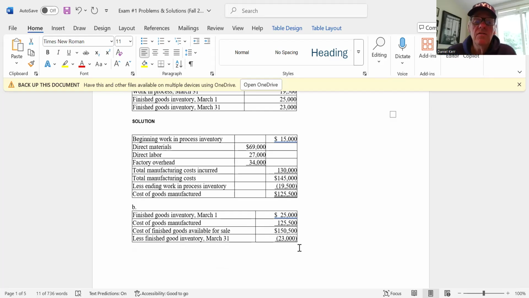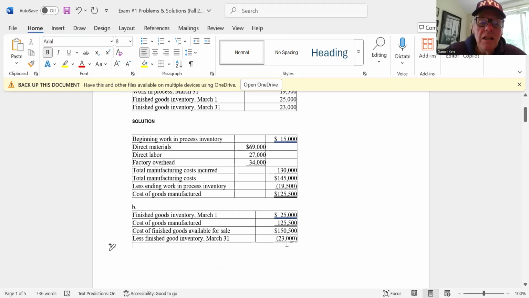So your cost of goods sold is 127,000. So here, cost of goods sold should be 127.